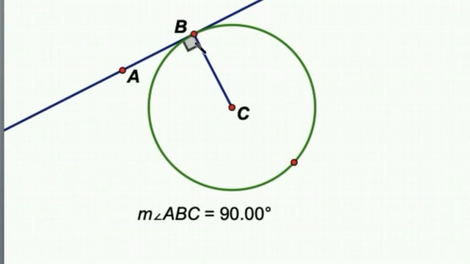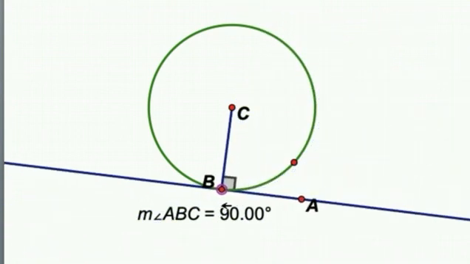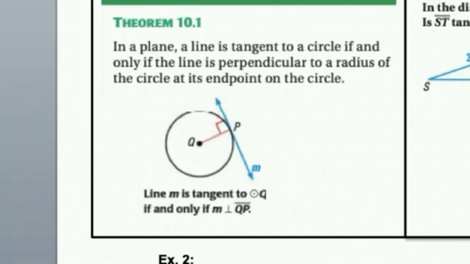They'll always form a right angle, no matter where I put that point B on the circle. The measure of angle ABC always stays 90 degrees, and that is theorem 10.1. In a plane, a line is tangent to a circle if and only if the line is perpendicular to the radius of the circle at its endpoint on the circle.